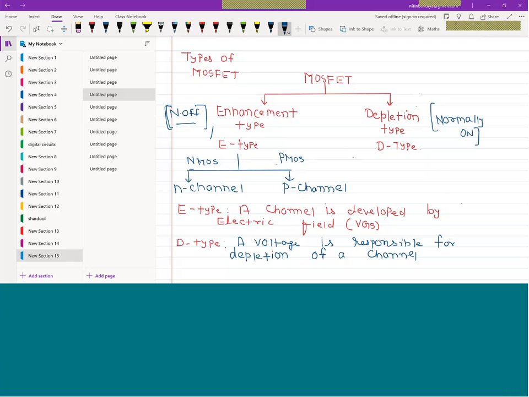Likewise, we can have the two varieties in depletion type MOSFET. If a channel is already formed it is depletion type, if not it is enhancement type. So this is N-channel and also P-channel MOSFET. So this is the idea for the MOSFET circuit. These are the types of MOSFETs, and by combination of these two we can have the CMOS.